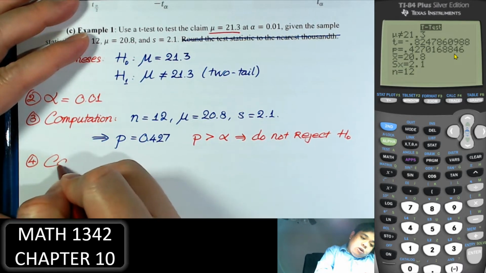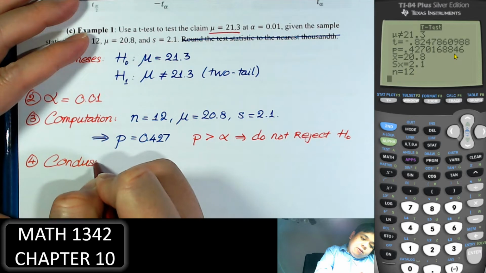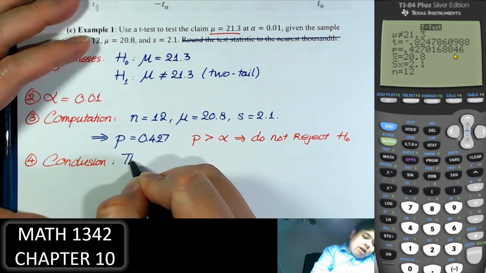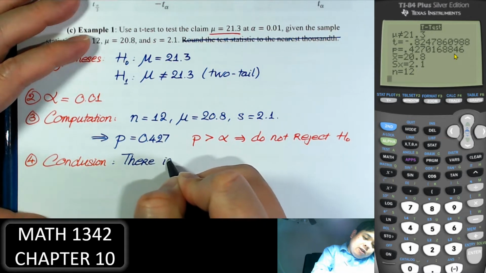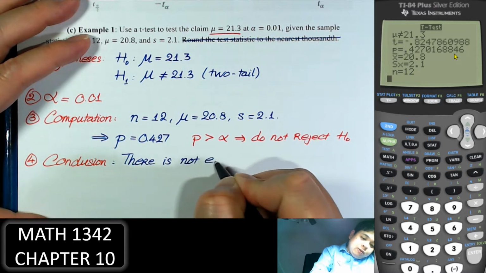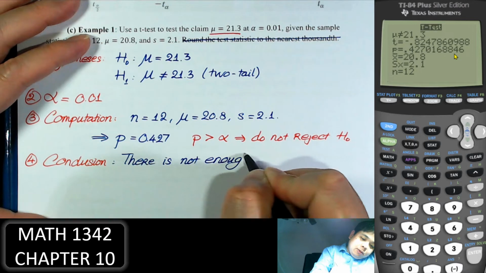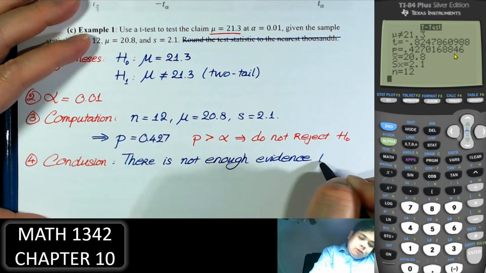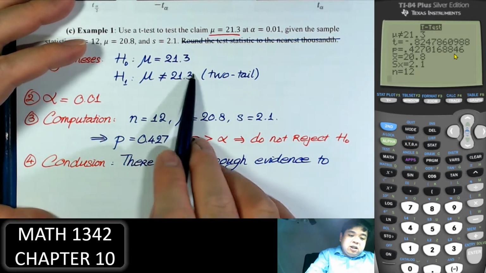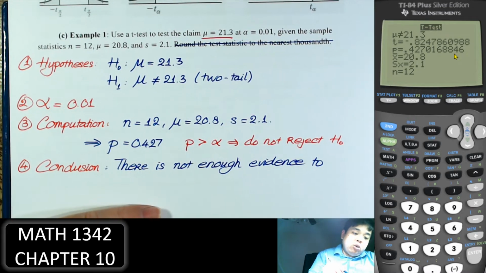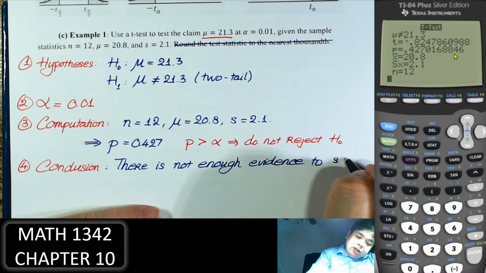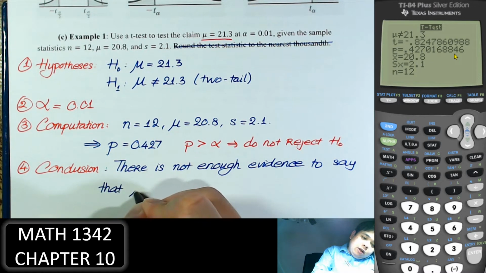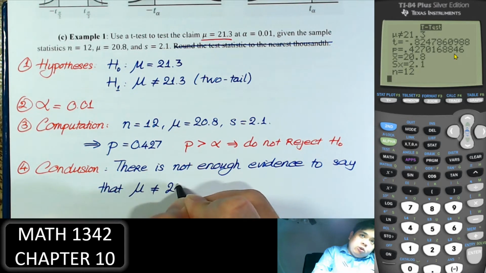And then the conclusion. If we do not reject, there is not enough evidence to say that the mean is different than 21.3.